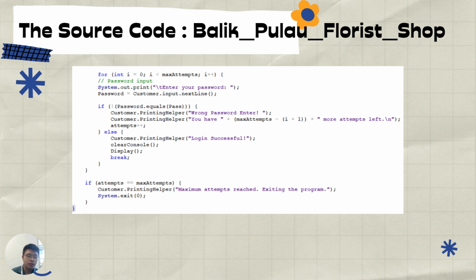Next we have the for loop, so that it only allows the user 3 tries. Inside the body of the for loop, we prompt the user for the password. If the password is not equal to the pass that we initialized, it will display wrong password entered, and how many more attempts are left.